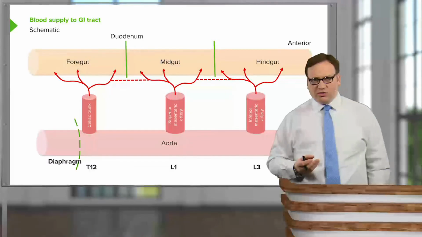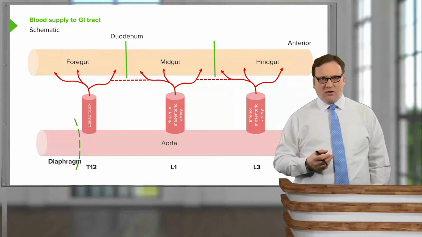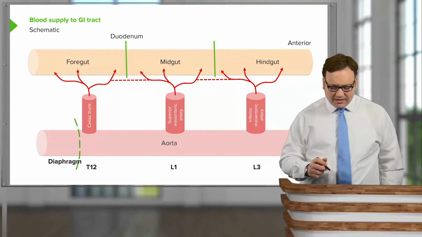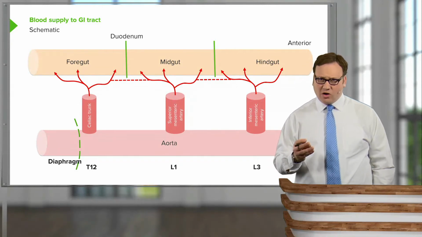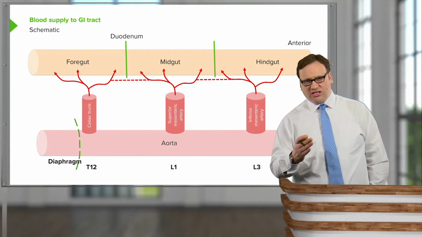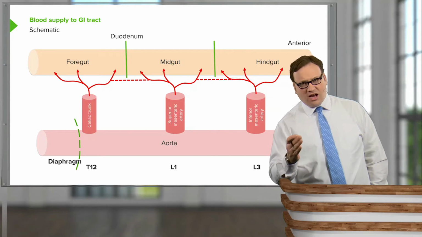And remember, the major duodenal papilla was halfway down the descending part of the duodenum. The midgut becomes the hindgut two-thirds of the way along the transverse colon. So two-thirds of the transverse colon is midgut, and then the remaining third is hindgut.